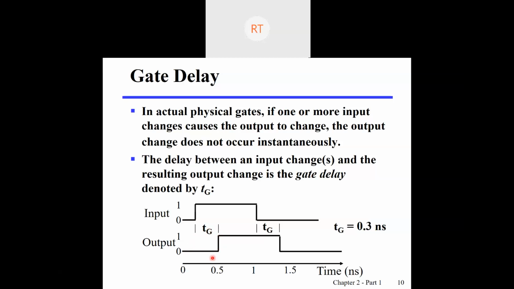So here you have a delay of 0.3 nanosecond where the input has changed but the output won't change. See, the output is still 0. When did it really change? After 0.3 nanosecond, you got the output. Clear? So I was just trying to tell you that if you give input to the gate, it is not an instant output. You have a delay of 0.3 nanosecond, and then you get the output.